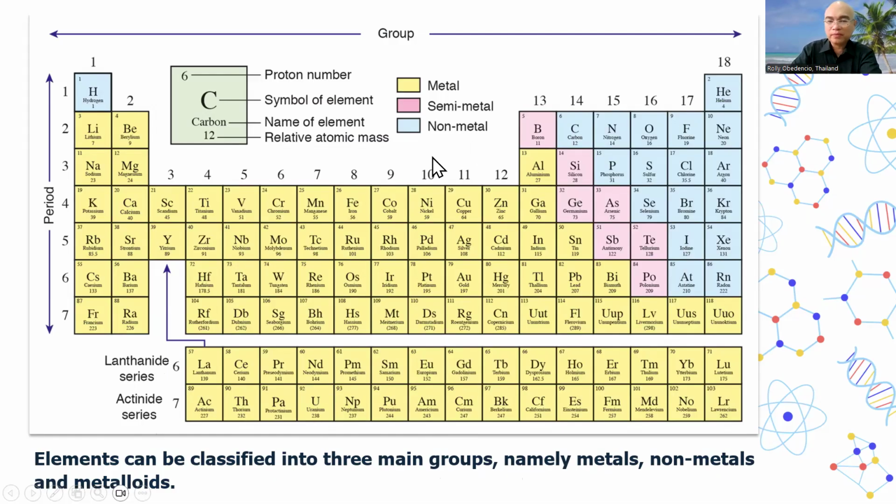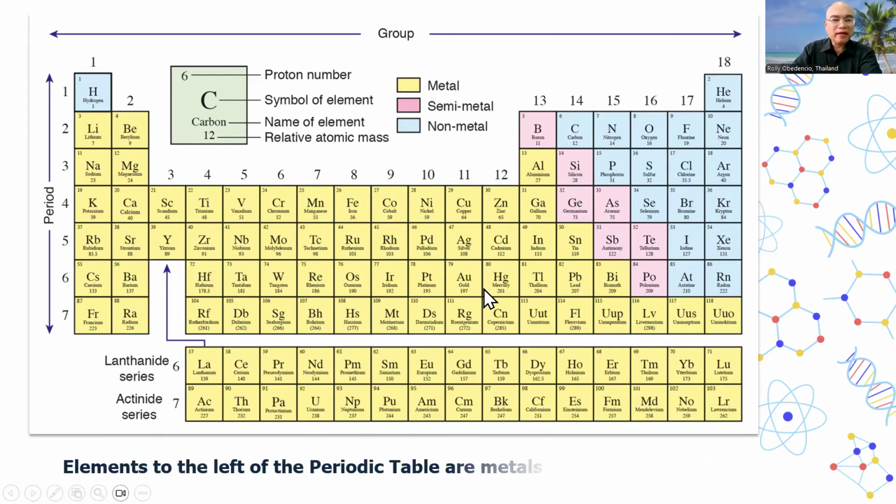Remember? Elements to the left of the periodic table are metals, these ones, except hydrogen. Elements to the right are non-metals. And then metalloids separate them in the table.